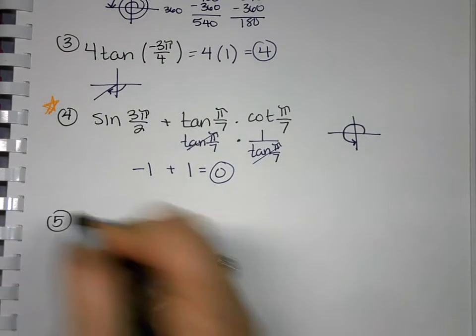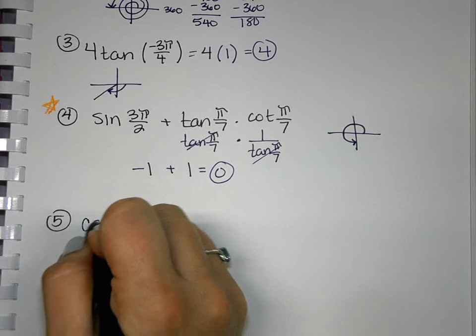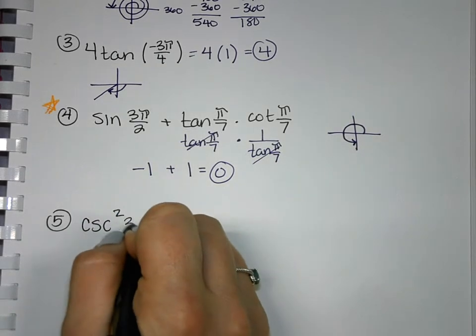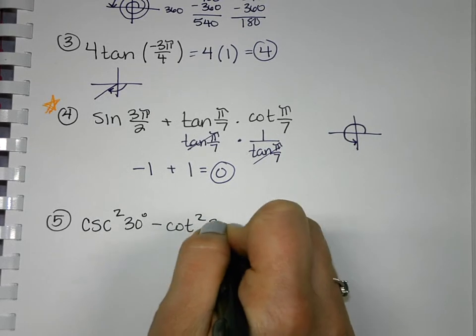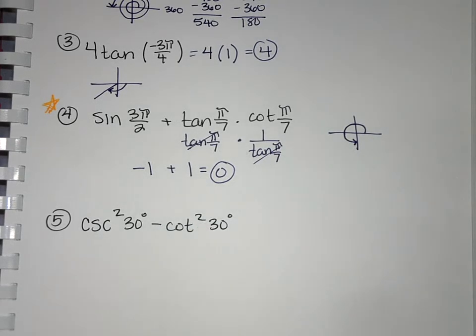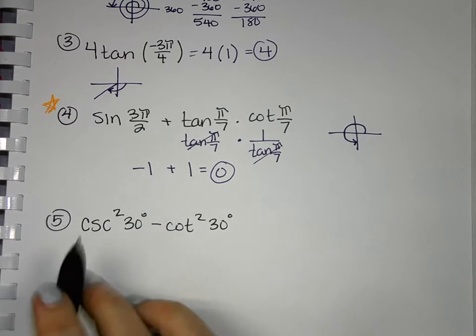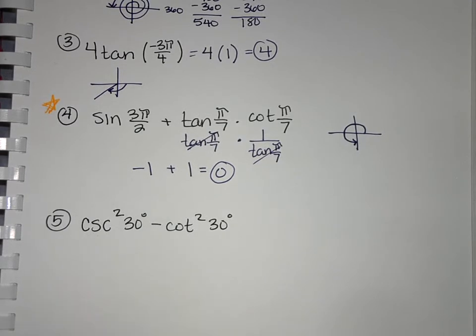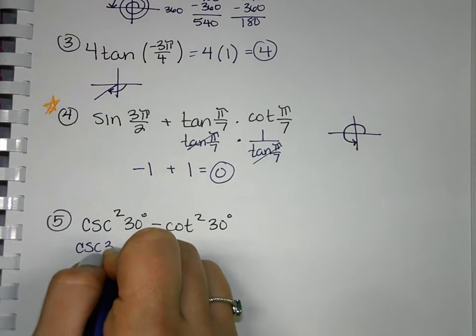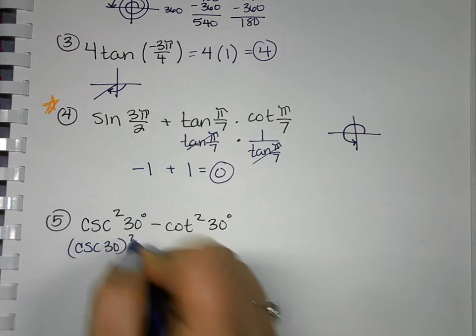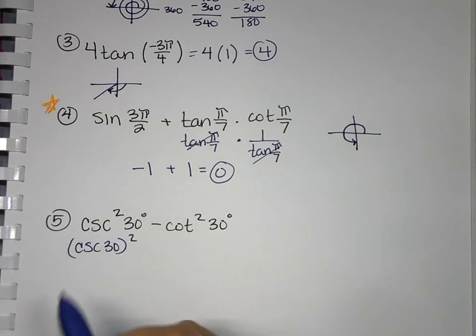Okay, let's try another one. Cosecant squared 30 minus cotangent squared 30. Okay, so again, we're going to think our unit circle and reciprocal, because this is the reciprocal of sine and this one's the reciprocal of tangent. So when I look to see what is, because this is the same as cosecant 30 squared, what is the sine of 30? 1/2.